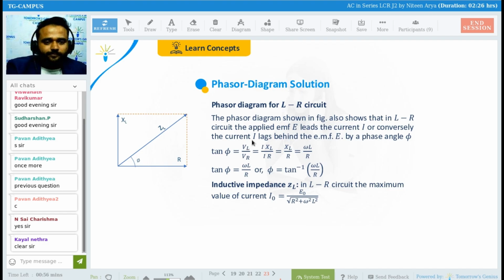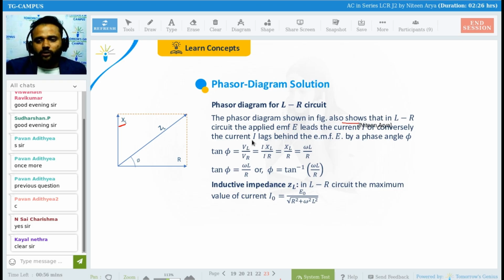As you can see, that is your XL. This is the phasor diagram for resistance and inductance. This is your XL, this is your R, this is your phase angle, and this is your ZL. ZL is the net impedance for the LR circuit.